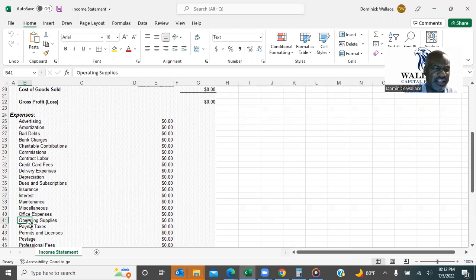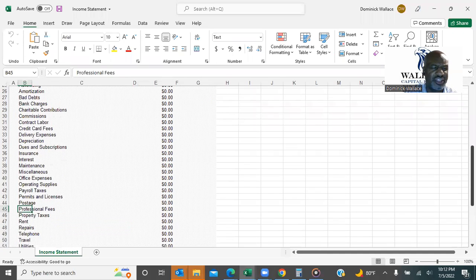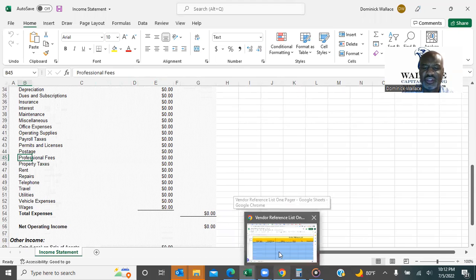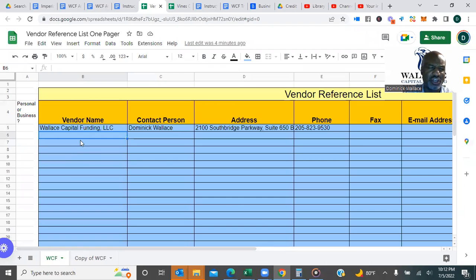Your supplies, maybe who does your taxes, maybe any other professional fees. And you can look at the expenses in your financials to help figure out which vendors would be a good company to put on here.